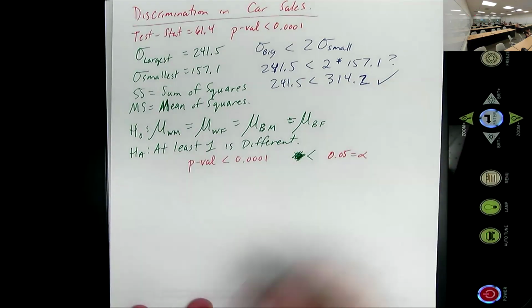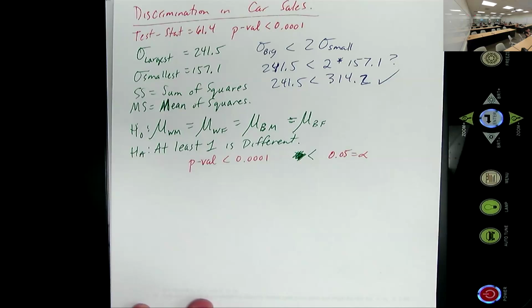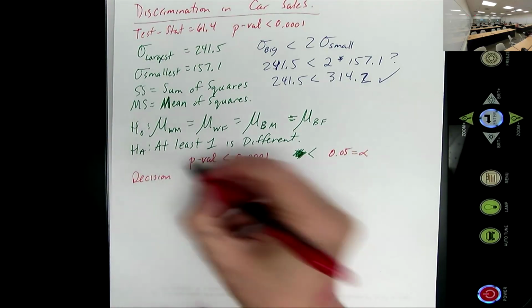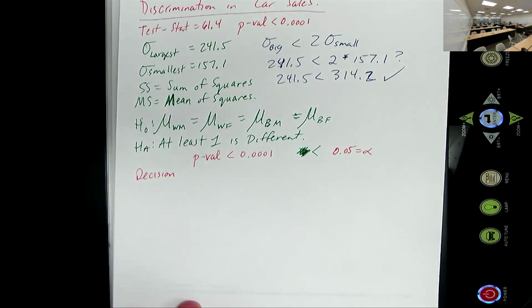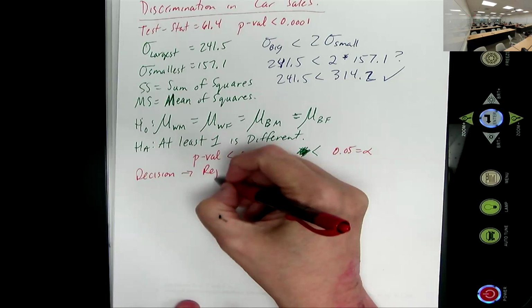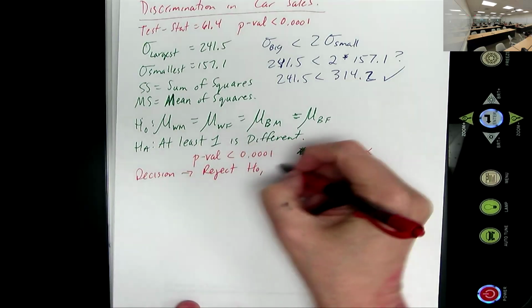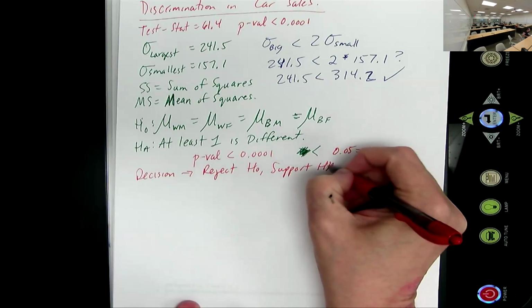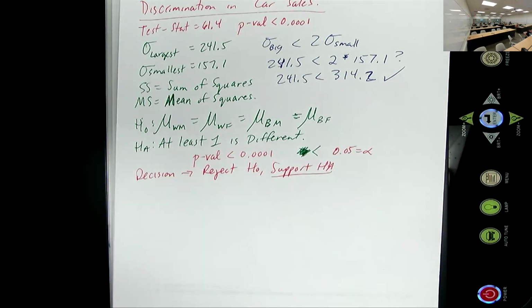Alright, so what does that mean? How does that affect our decision? If the p-value is lower than alpha, reject the H naught and support HA. It's really easy to forget that last part, but this is what our statement is about.